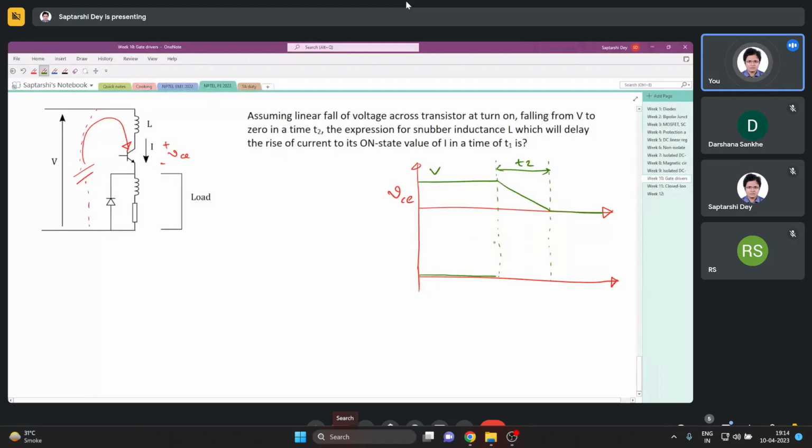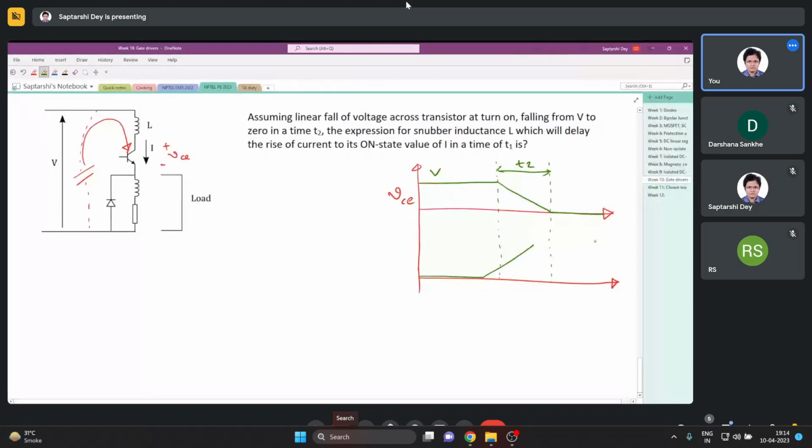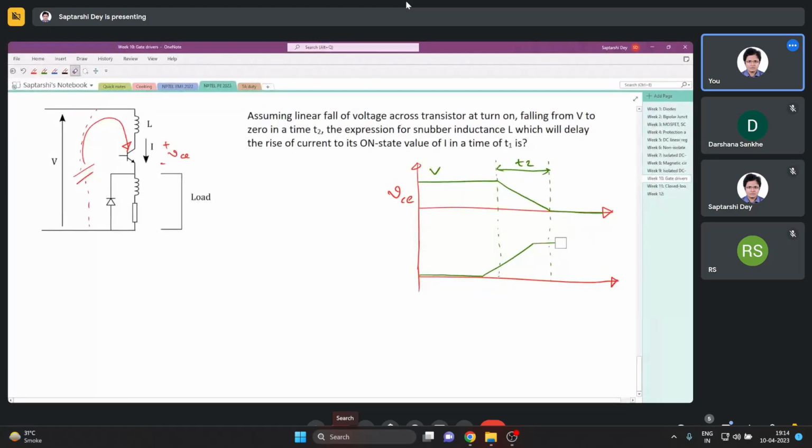Let me not draw them together. Something like this, the current I.